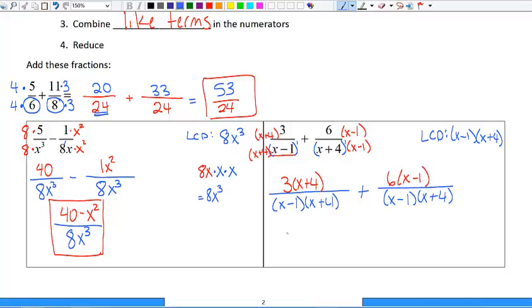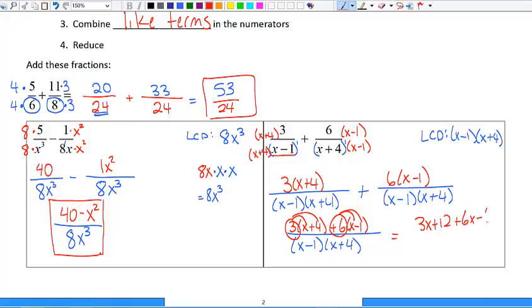So now that the two denominators are the same, I can distribute my numerators. I'm going to write this one more time as a fraction here so that I remember that the plus goes with the 6 when I distribute, which gets me 3x plus 12 plus 6x minus 6 all over that same denominator.